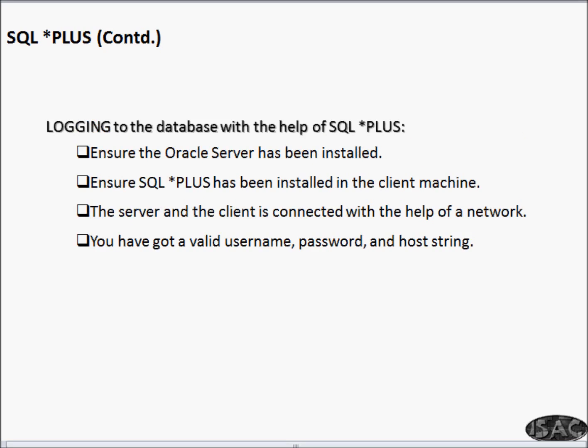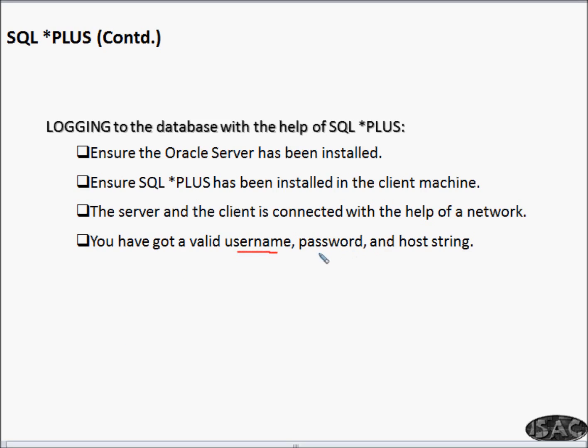Logging in to the database with the help of SQL Plus. Ensure the Oracle server has been installed. Oracle server must be installed. Ensure SQL Plus has been installed on the client machine, and the server and the client are connected with the help of a network. Some TNS configuration has to be done if the server and client are in different locations. You need a valid username, password and host string that you pass, and you can connect with the Oracle server.